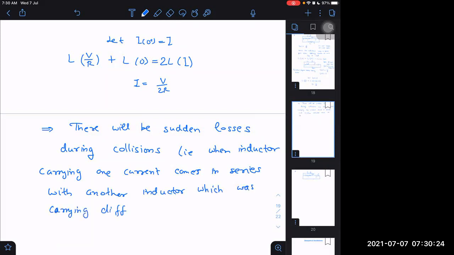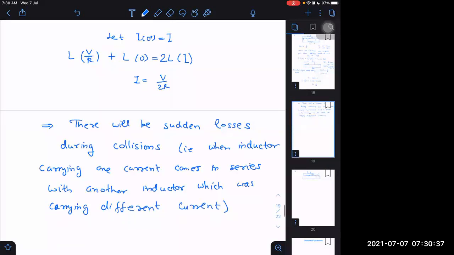Then this is considered like a collision situation. And in collision, there will be losses. You want to see why there will be losses?